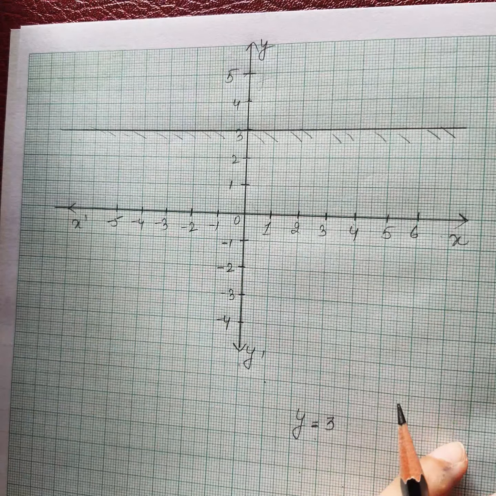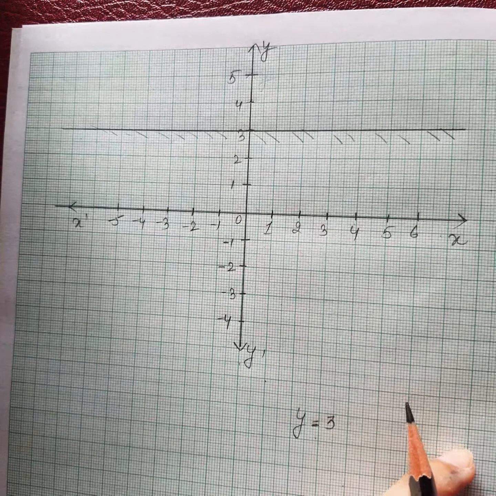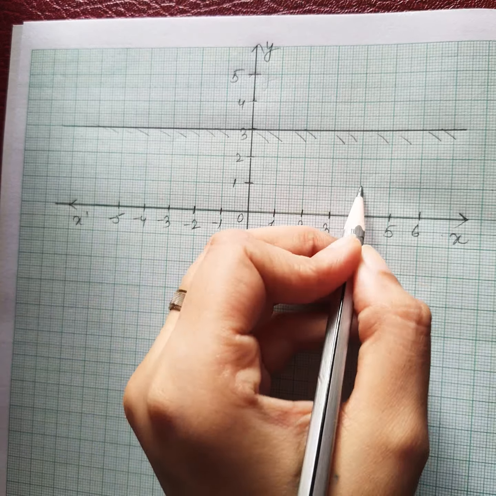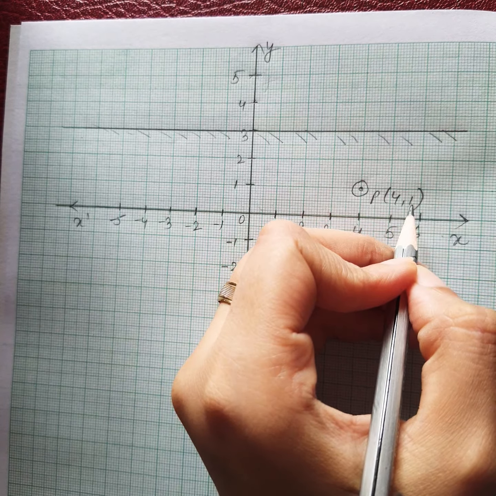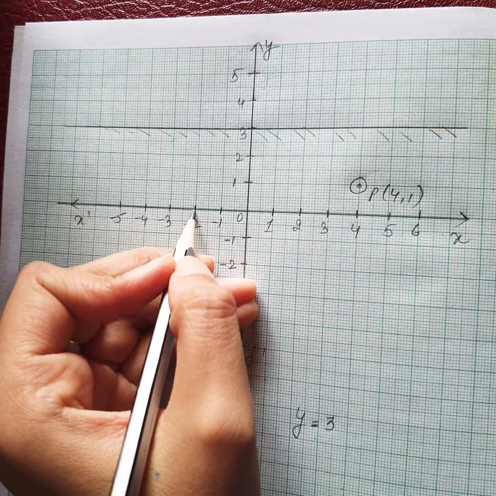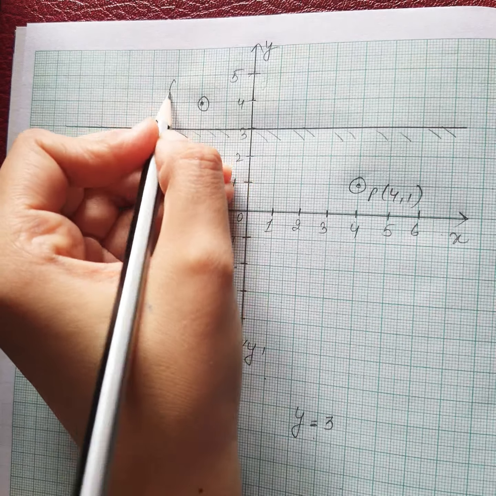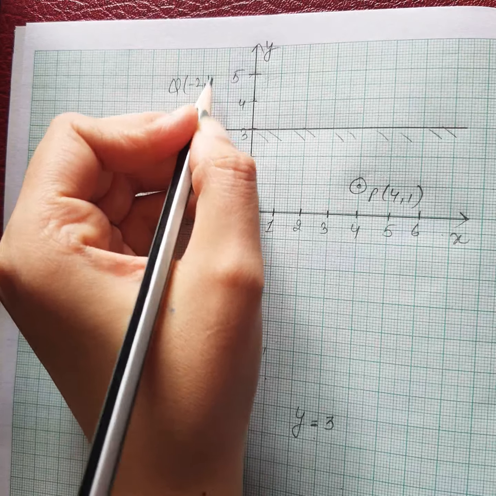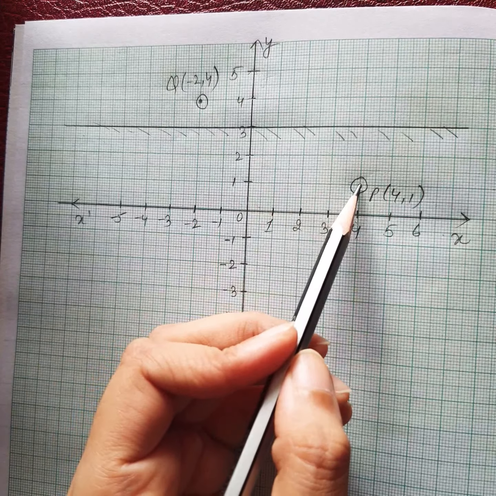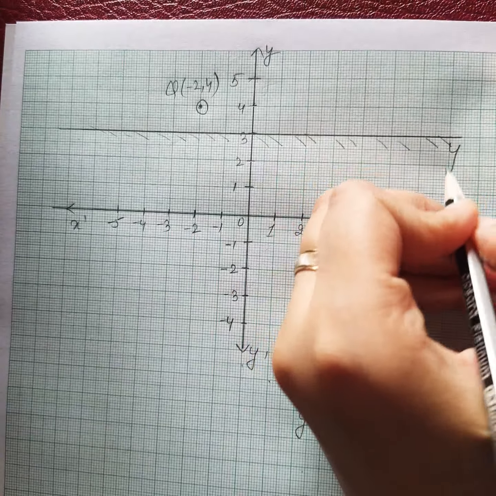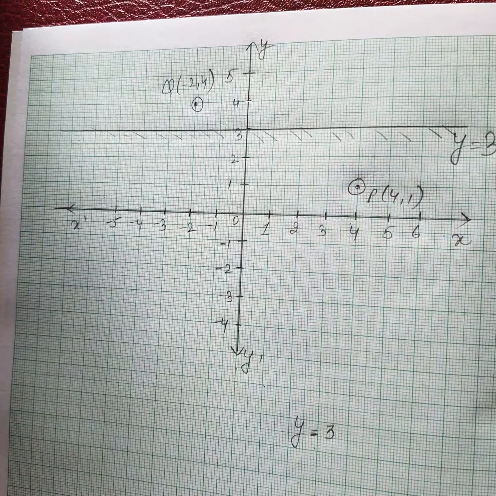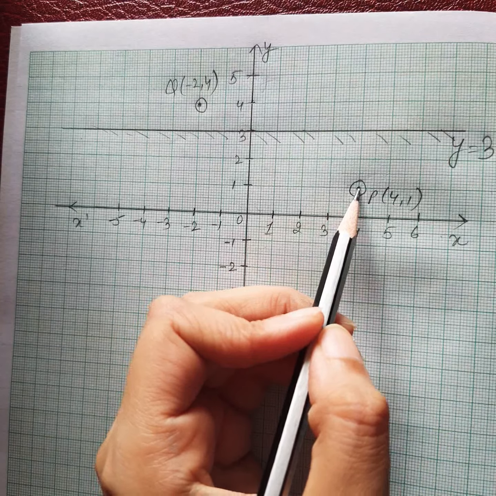Now let's see where our points P and Q are. P is (4, 1) and Q is (-2, 4). First let's reflect P to P dash along the line y equals 3.